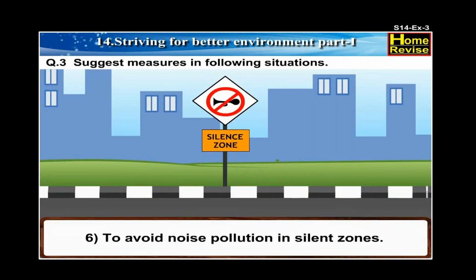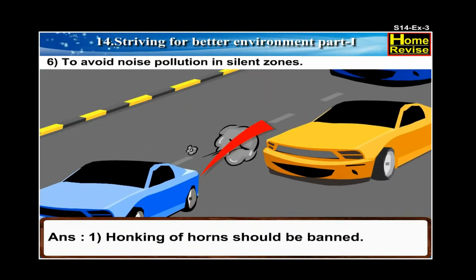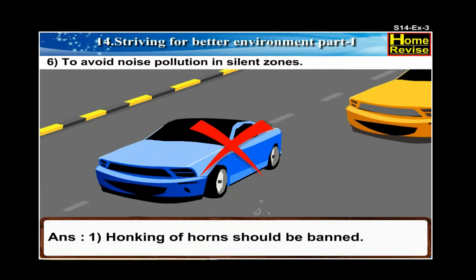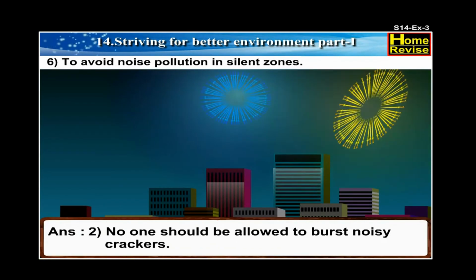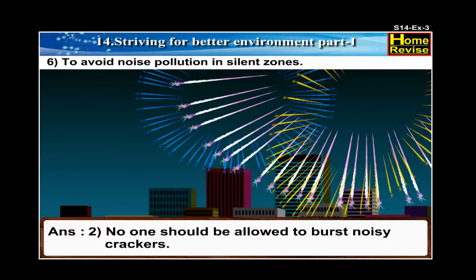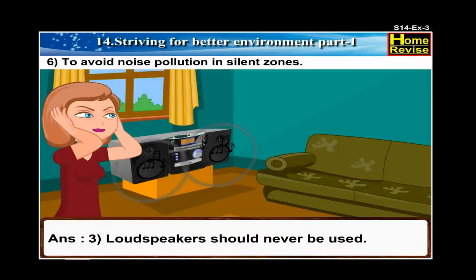Six. To avoid noise pollution in silent zones. Answer. Honking of horns should be banned. No one should be allowed to burst noisy crackers. Loudspeakers should never be used.